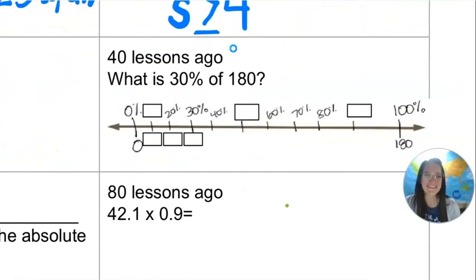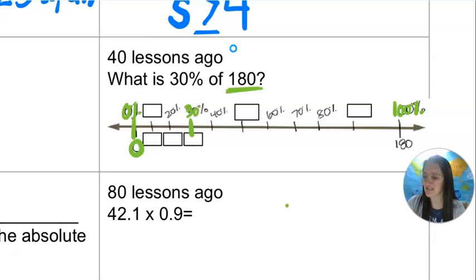Ooh, double number line. You remember this? What is 30% of 180? So with a double number line, remember that we have percents on one side, numbers on the other side, and so we have to start with 0 on one side, 100% on the other side, and then we want 30% of 180. So we want to include 30%.